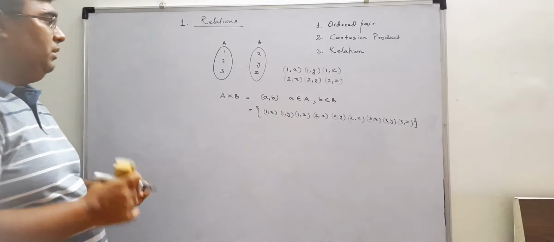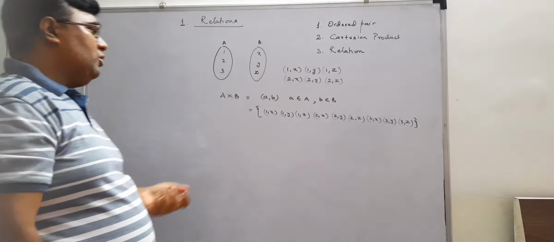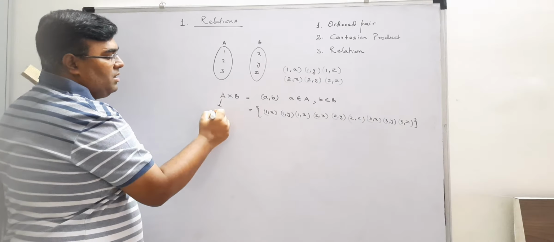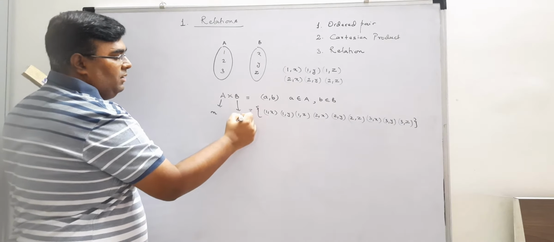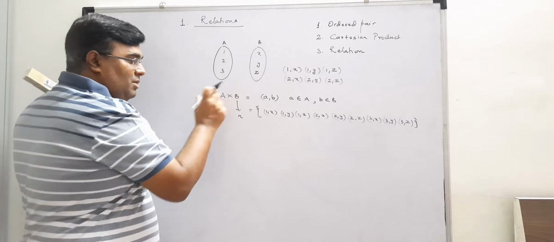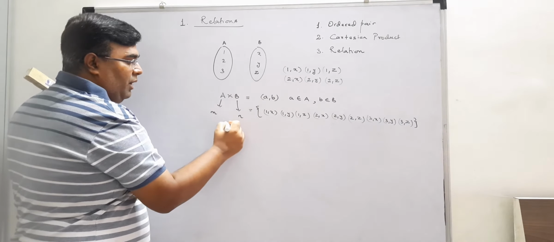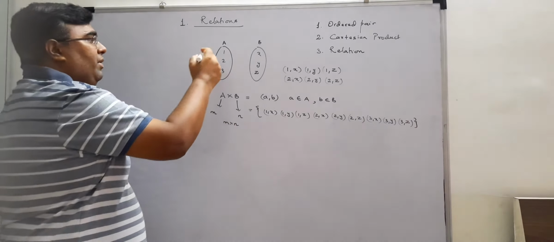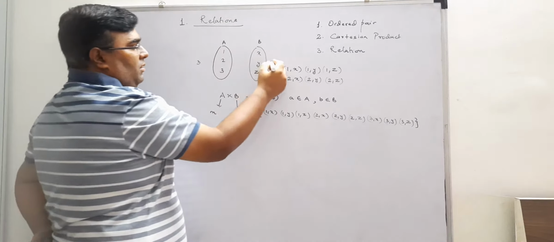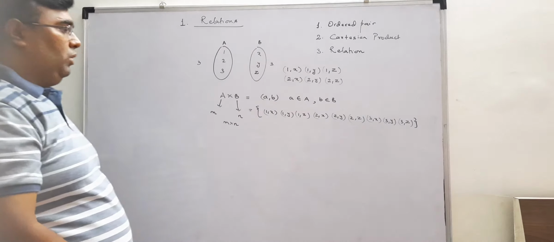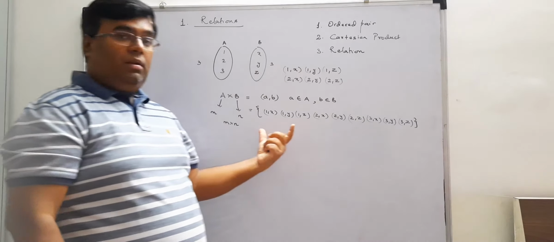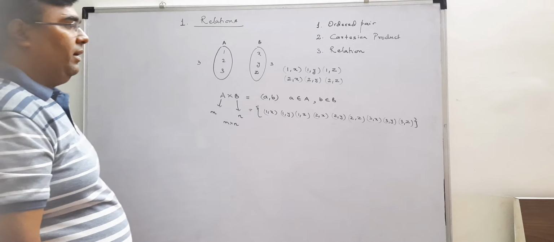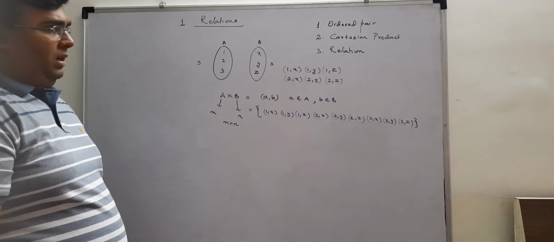This is my complete Cartesian product of A cross B. Now remember, if A has m elements and B has n elements, then in the Cartesian product we have m multiplied by n elements. Here A had 3 elements and B also has 3 elements, so the total ordered pairs in A cross B are 3 multiplied by 3, which is 9.